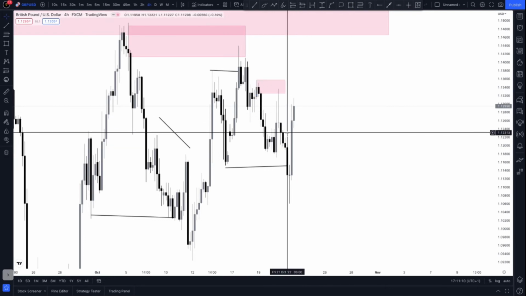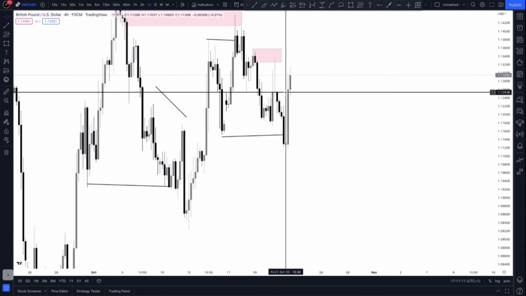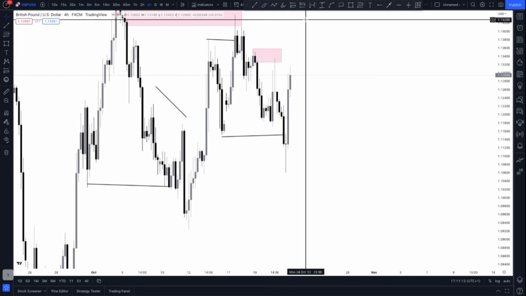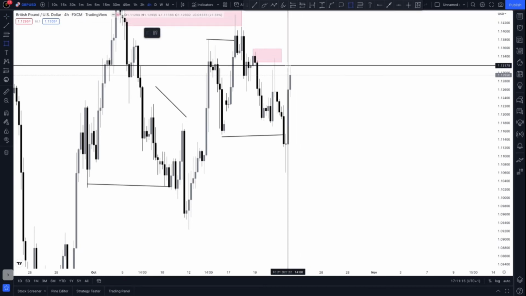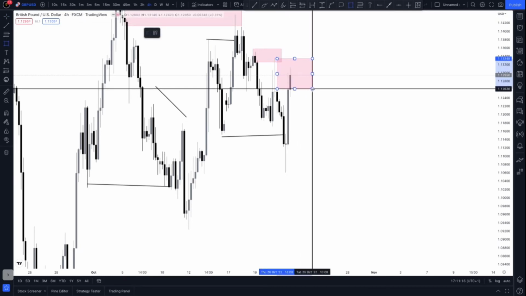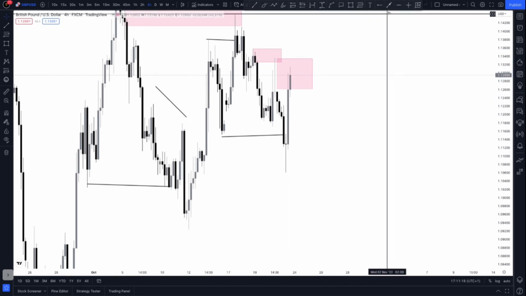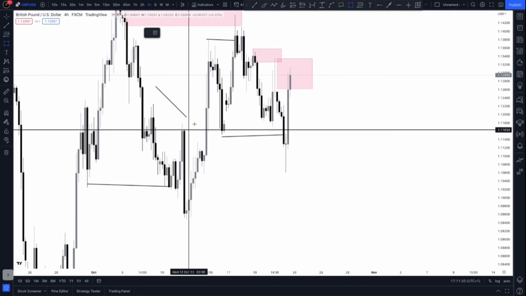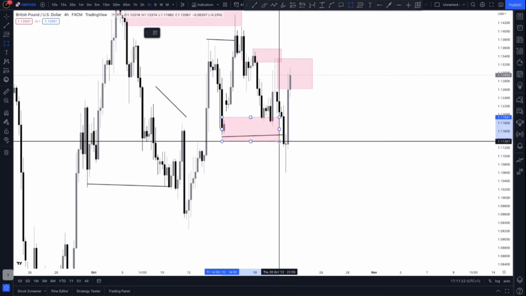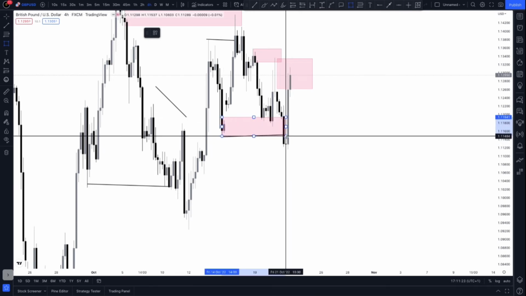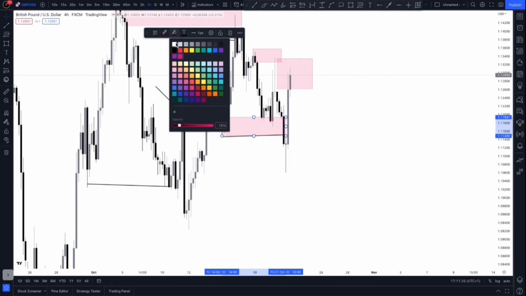You clearly see the market reacted off the supply zone that led to the change of character. The market came into the supply zone and gave a quick rejection to the downside, and we still flow with the chart. The market is currently back into another supply zone that also led to the supply demand flip. We have this demand zone here.